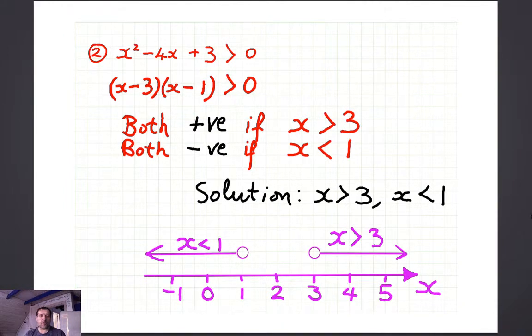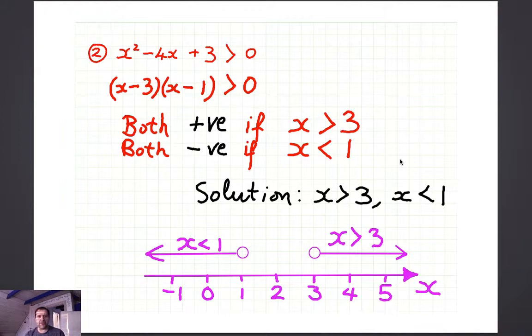Question 2, x squared minus 4x plus 3 greater than 0. So that's a greater than rather than a greater than or equal to. That factorizes into (x minus 3) times (x minus 1). So both the brackets will be positive if x is greater than 3. Both the brackets will be negative if x is less than 1.